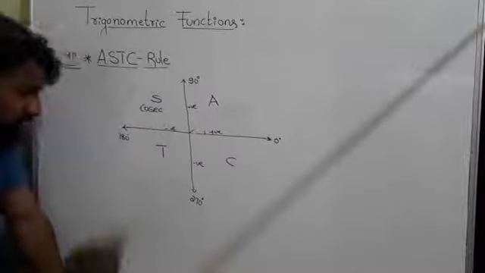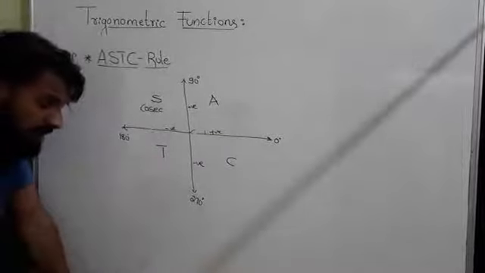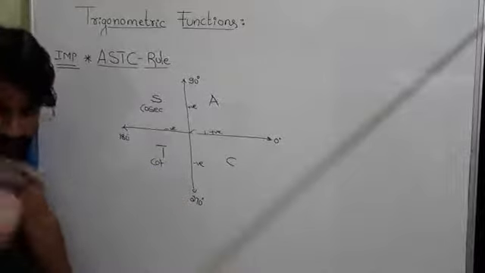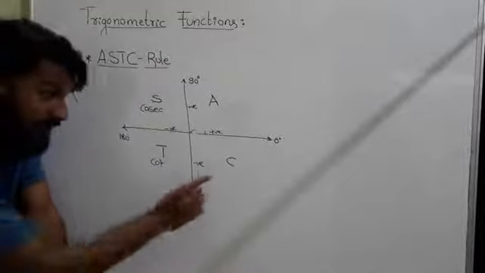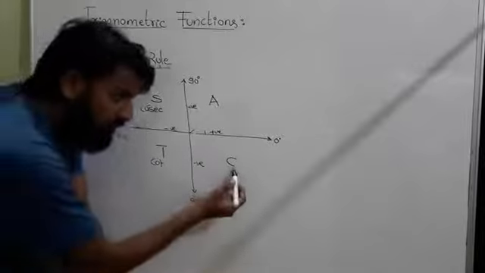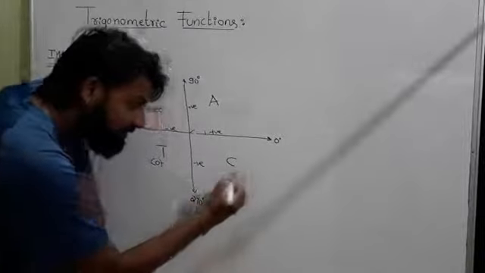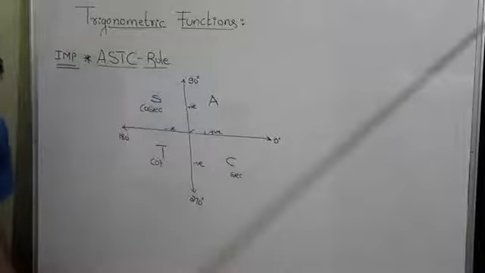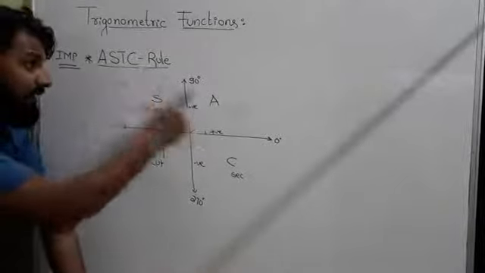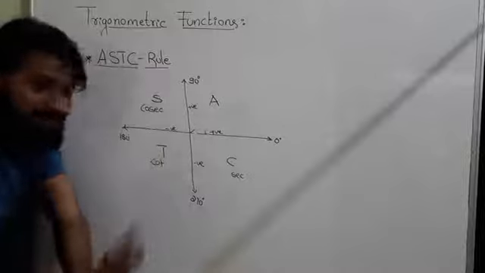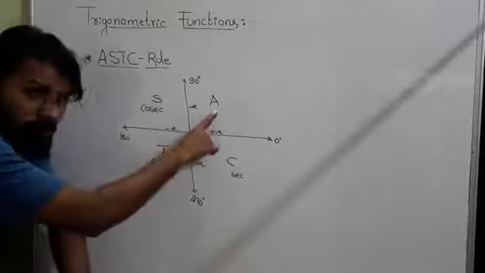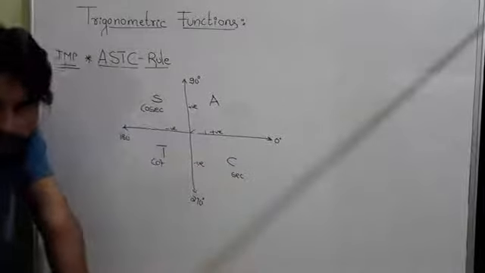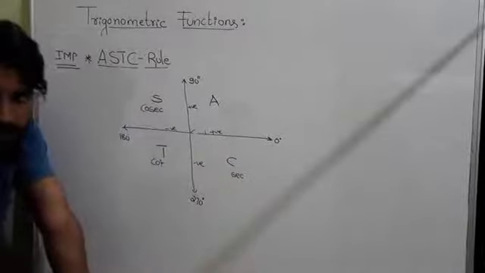In the third quadrant, tan and its brother cot are positive and the rest all are negative. In the fourth quadrant, cosine and sec are positive, the rest all are negative. So how do we remember this? ASTC rule. First quadrant all, second quadrant sine, third quadrant tan, fourth quadrant cos, and their brothers respectively.